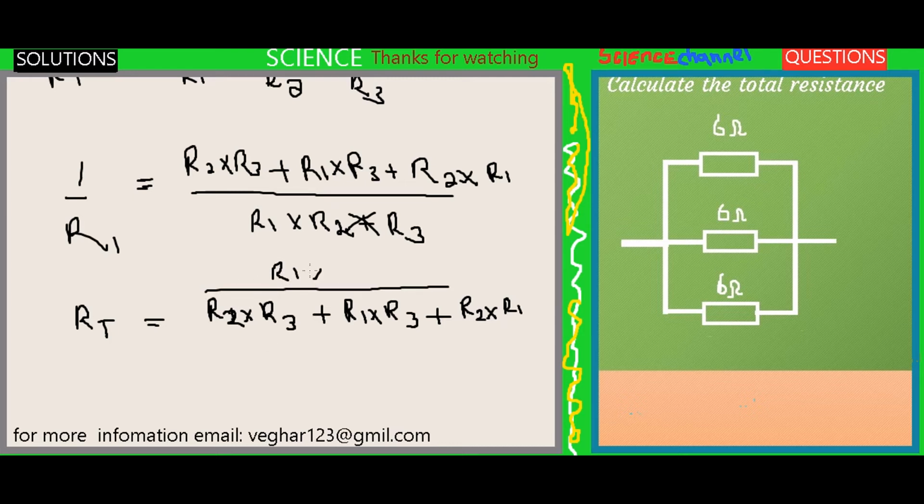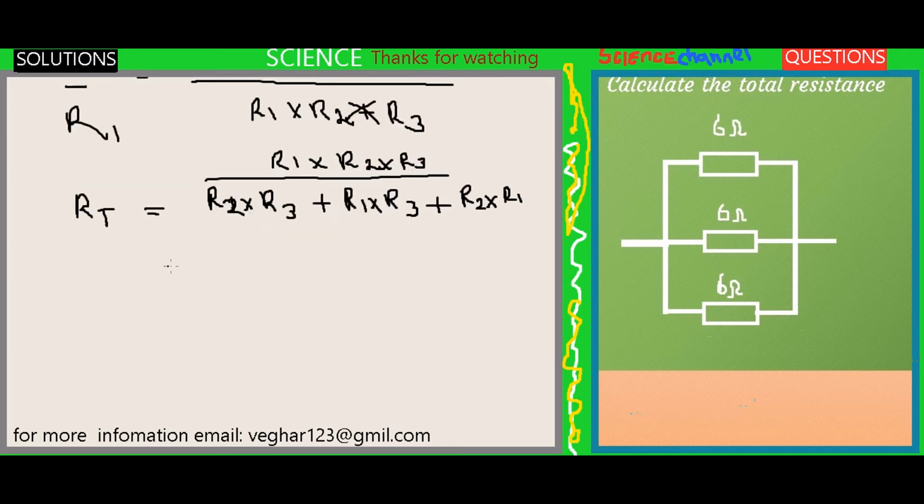And you have something like R total equals R1 multiplied by R2 multiplied by R3, all divided by the sum of those products.